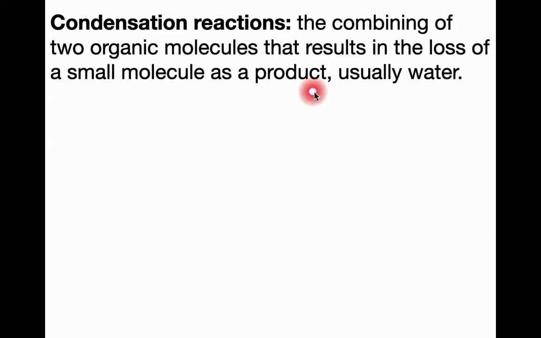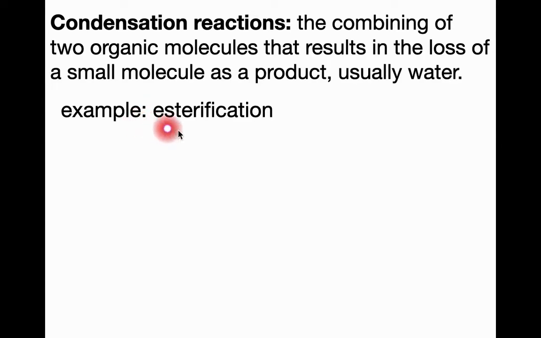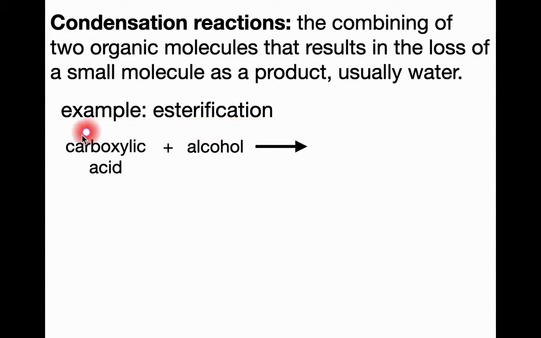Condensation reaction, the combining of two organic molecules that results in the loss of a small molecule as a product, usually water. So example, esterification, which is the formation of an ester. Now, in an esterification reaction, we'll have a carboxylic acid reacting with an alcohol, and this will form an ester and water.